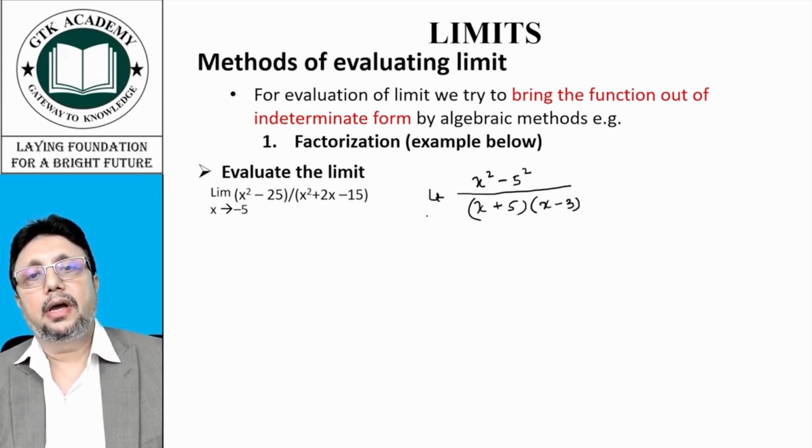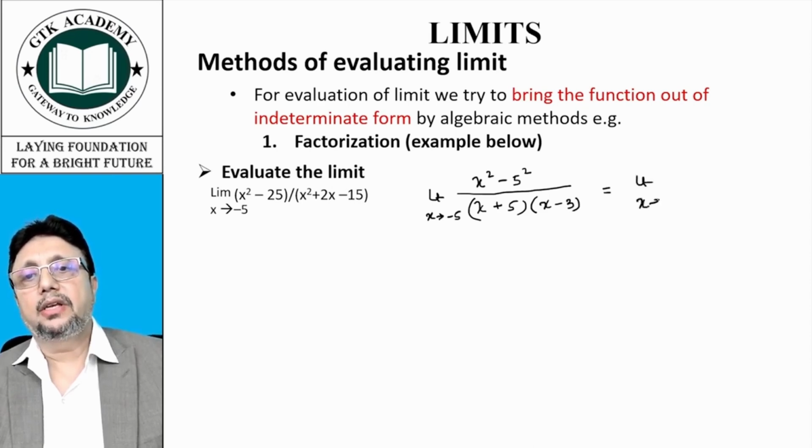Limit x tending to minus 5, which equals limit x tending to minus 5, (x minus 5)(x plus 5) upon (x plus 5)(x minus 3).